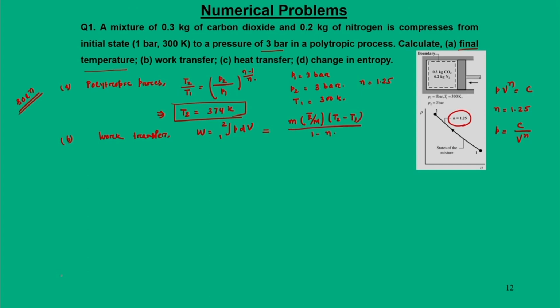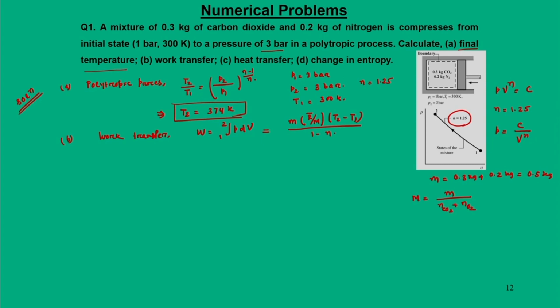Here we do not know the mass, so we have to find out the mass. Total mass would be 0.3 kg plus 0.2 kg, that is 0.5 kg. And what is the molecular weight of the mixture? That molecular weight M would be mass divided by number of moles, here N CO2 plus N N2.